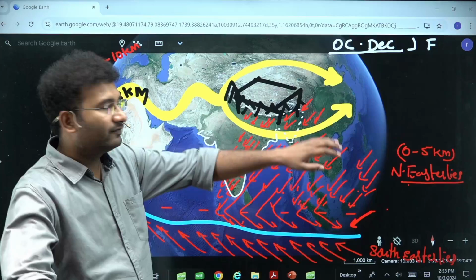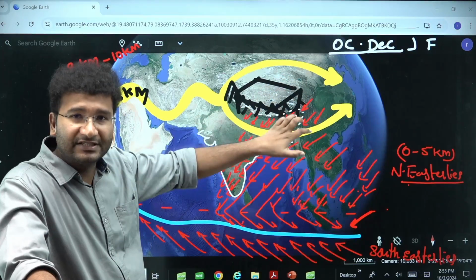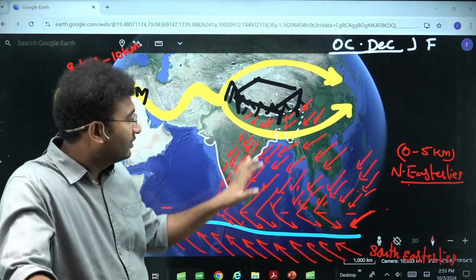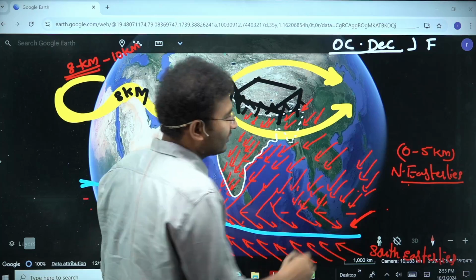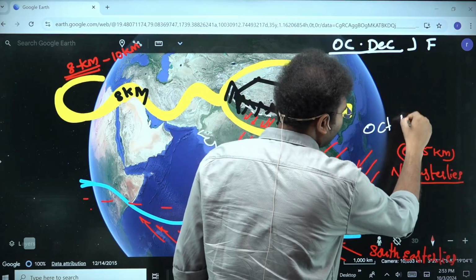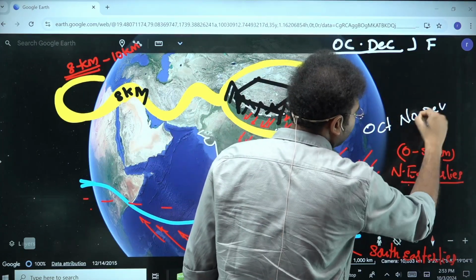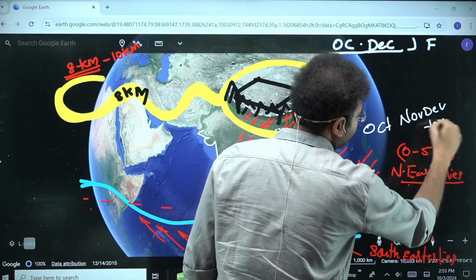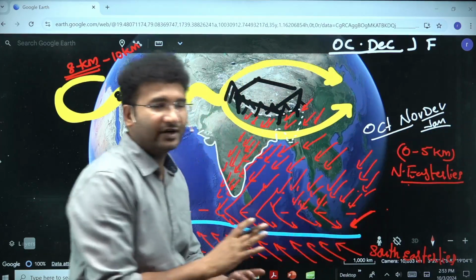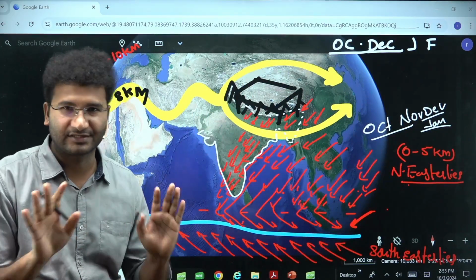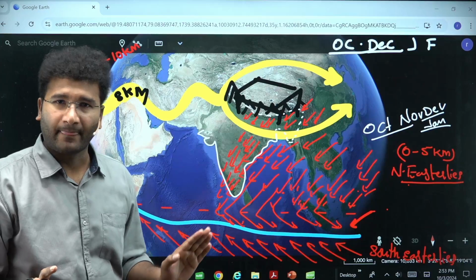So the majority of the winds are actually coming from the northeast of India. So during the months of October, November, December and January, the winds that are present over India are northeasterly. You're clear with this? Yes.